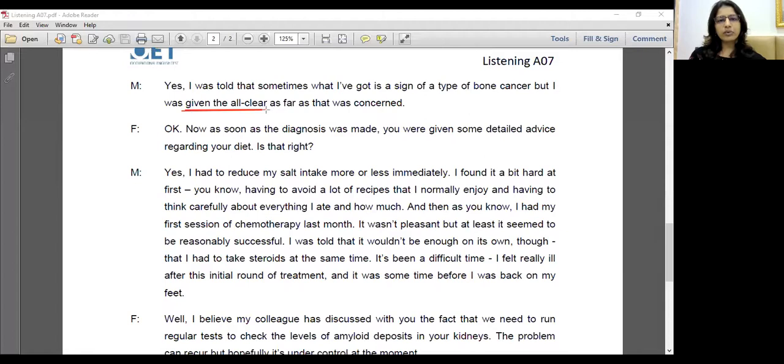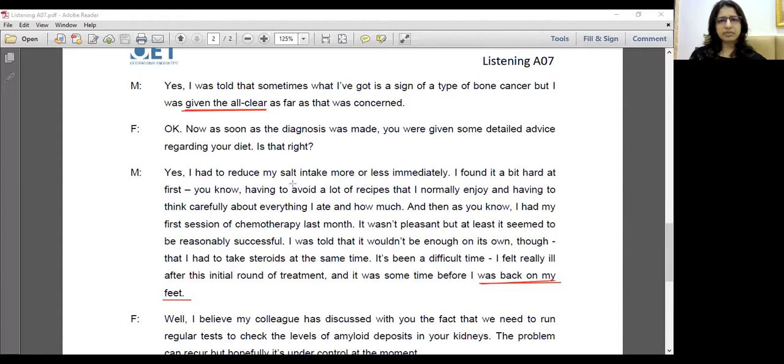I'm sure all of you are noting this down. These are very useful phrasal verbs. To be back on one's feet, "back on my feet," is to be normal again, or to be able to live a normal life.